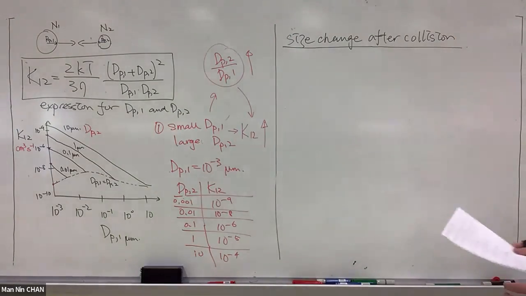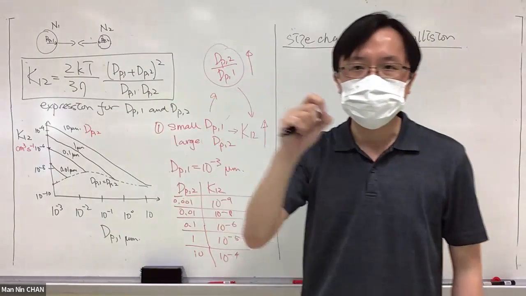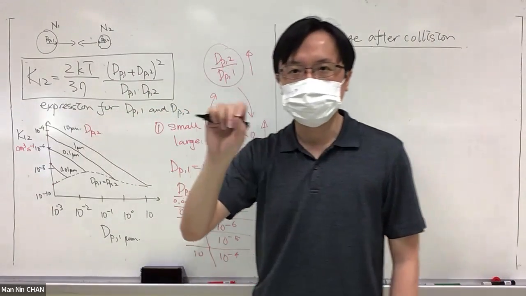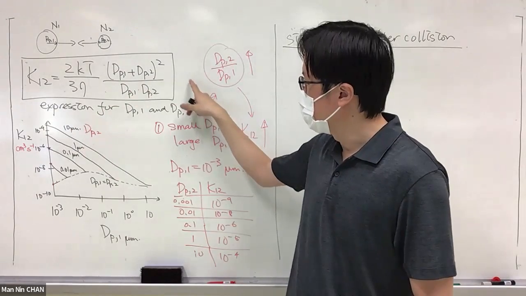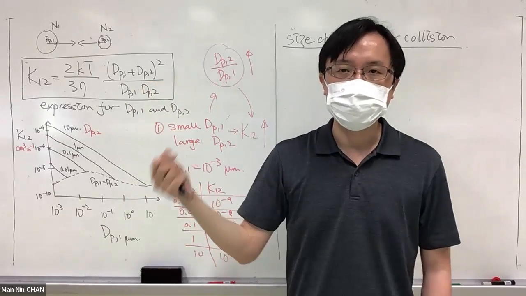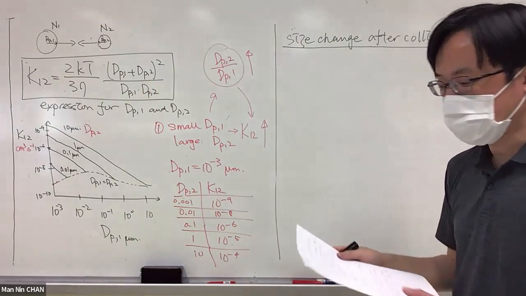But now you can see, if you really want to favor coagulation, most of the time a high coagulation happens when you have a small particle together with a large particle. So I want to see how it will happen.